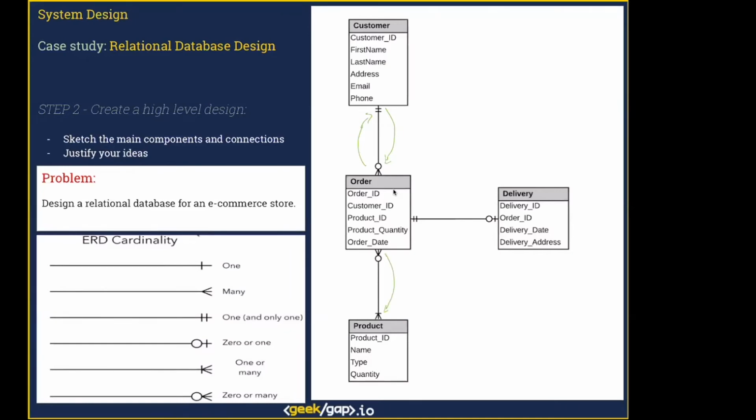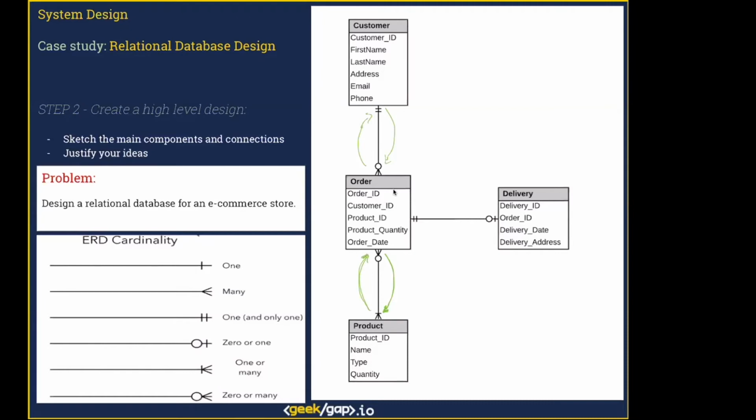A product can be purchased in 0 or many orders, because it's not necessarily that someone is going to buy the product. So once again, the order contains one or many products, and the product is part of 0 or many orders.